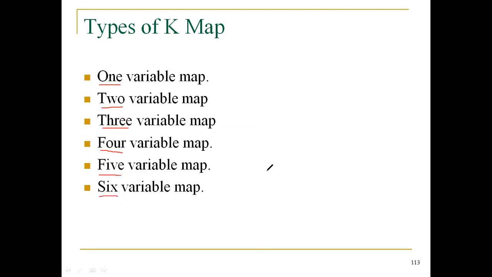Similarly, sometimes seven variable K maps also exist. Whatever may be the number of variables, the number of cells depends on the formula 2 power n, where n is the number of variables available in the equation.